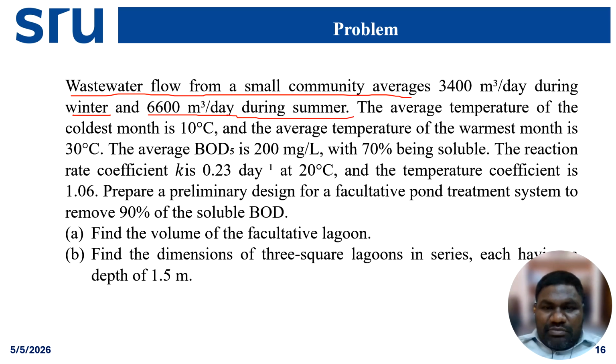The average temperature of the coldest month is 10 degrees centigrade, so in winter we need to design the reactor for 10 degrees centigrade, and the average temperature of the warmest month in summer is 30 degrees centigrade.